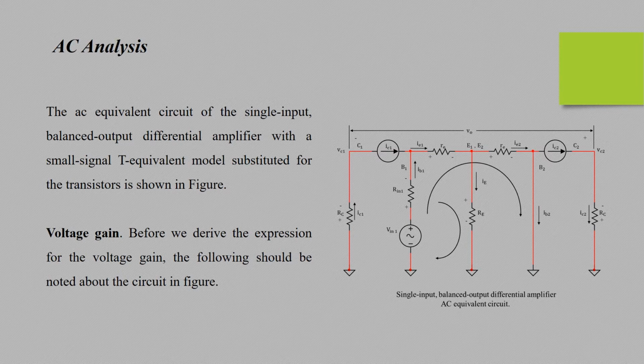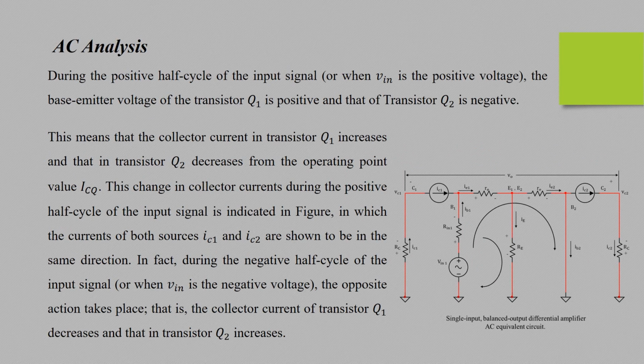So before we derive the expression for the voltage gain, we should note certain things. During the positive half cycle of the input signal, the base emitter voltage of transistor Q1 is positive and that of transistor Q2 is negative.